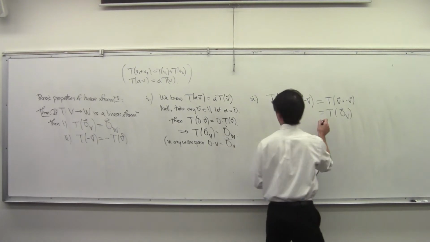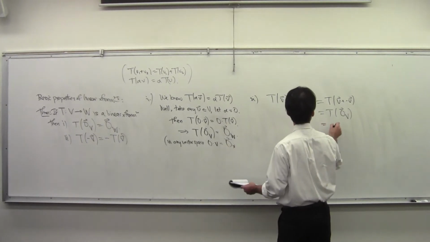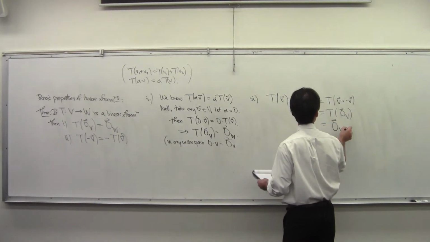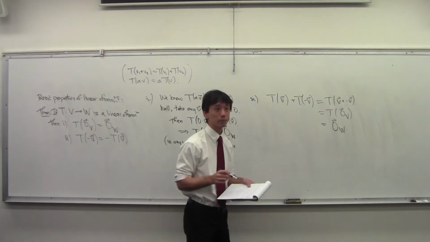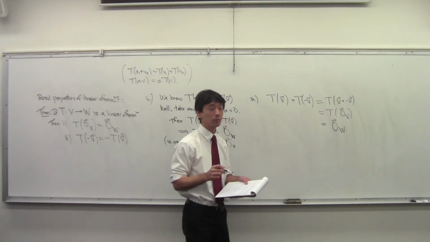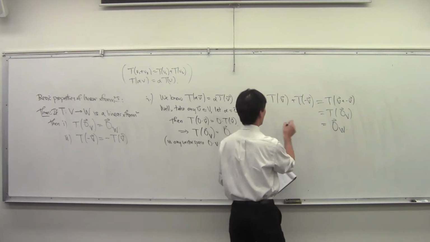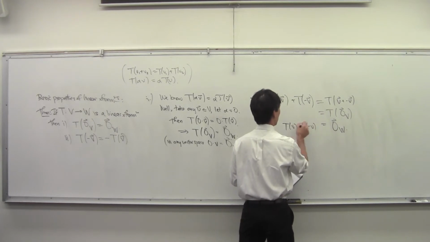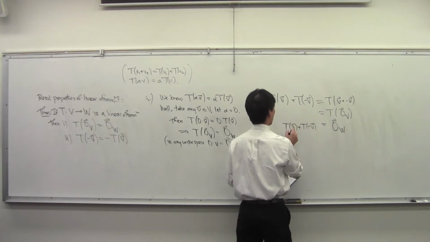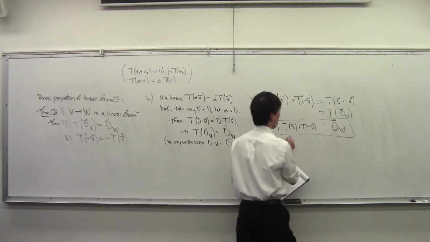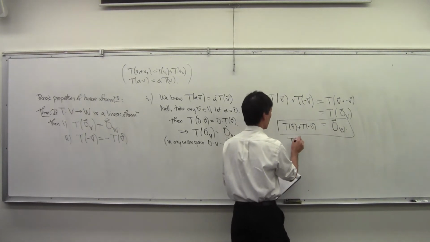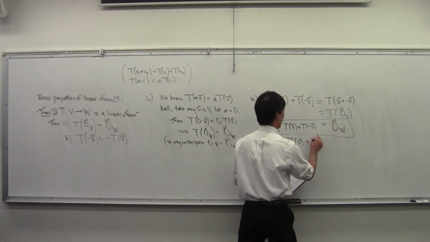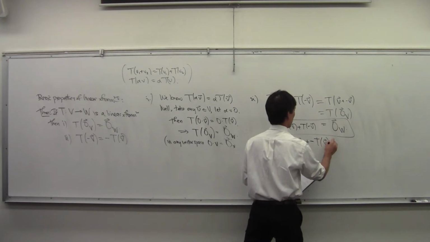And we just said, by part 1, that has to be the 0 vector in W. So we have that T of v plus T of negative v is the 0 vector. But we also know that T of v plus the additive inverse of T of v is the 0 vector.